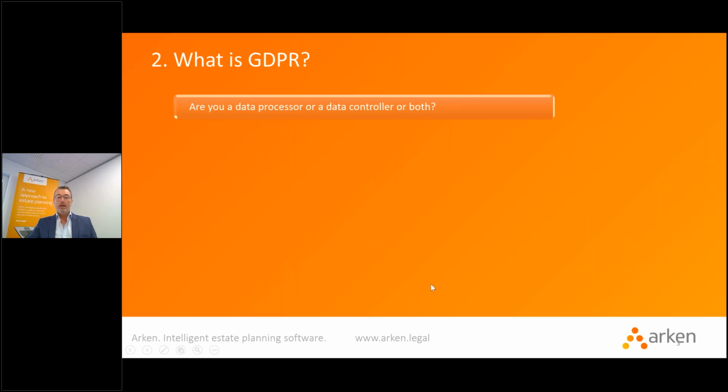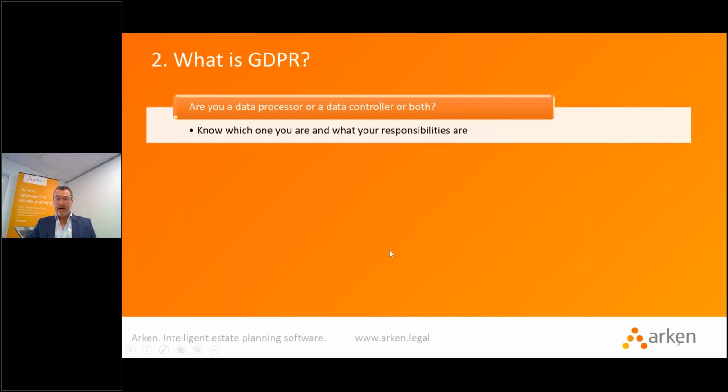What is GDPR? The first thing to really understand is whether you are a data processor or a data controller, or whether you're both of these things, and you can be both. To understand that, you really need to jump onto the ICO site to consider what your responsibilities are, because that's really important. As the name suggests, a controller controls the data and a data processor processes the data.